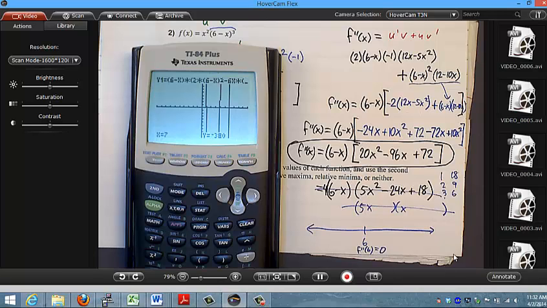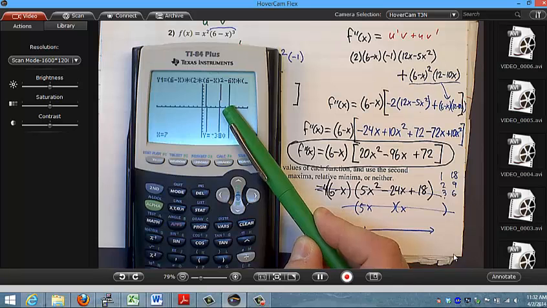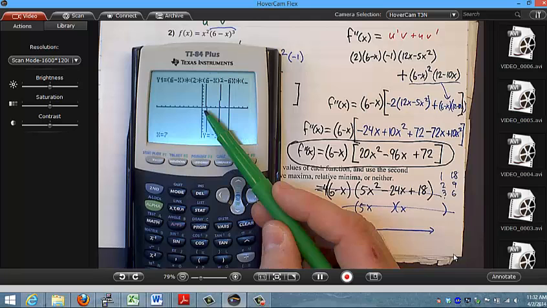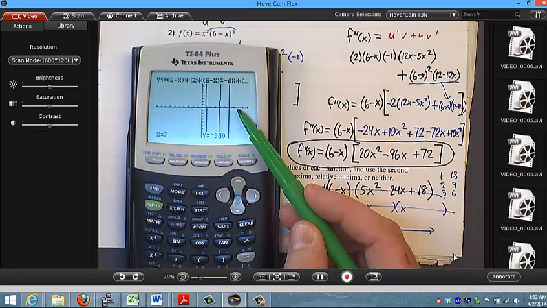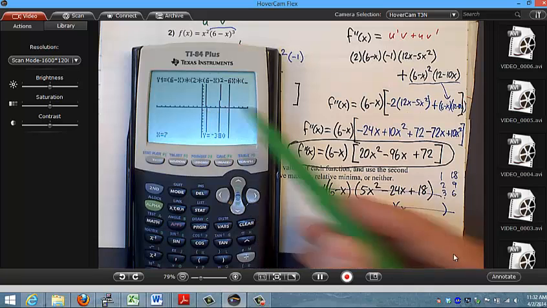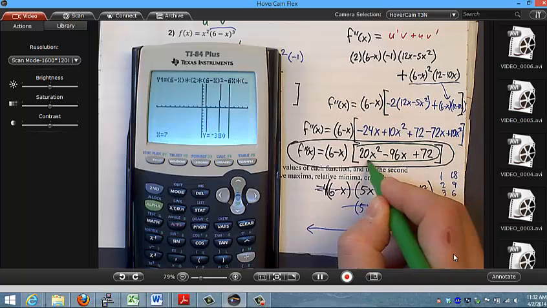Let me try and point them out. It seems like it crosses here, there, and there. And by the way, this last one, that's 6. But these two, those 2 zeros come from this little mess right here.